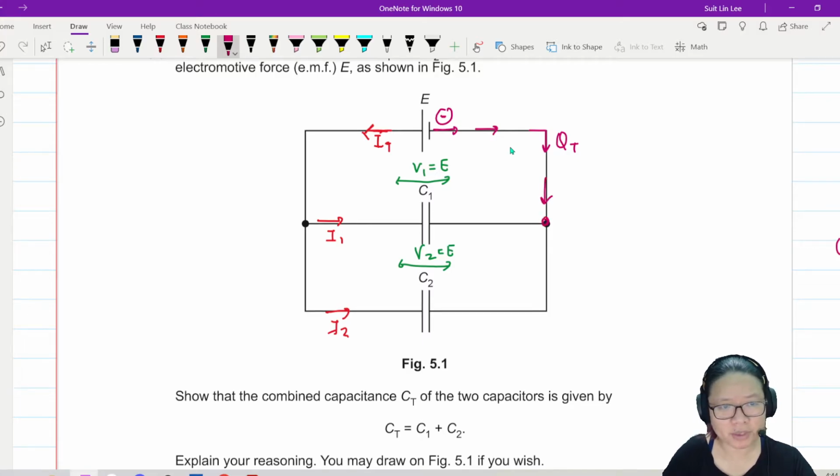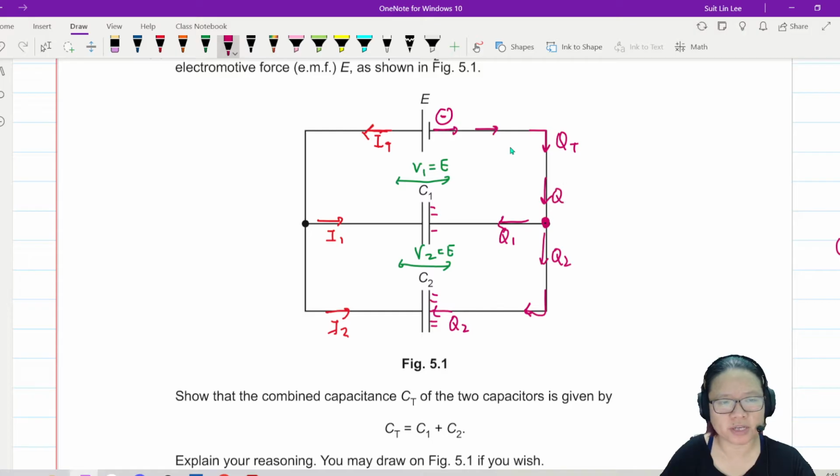Okay, and then when they reach this junction, some of it, Q1, will begin to populate C1. Some of it will continue, Q2, which will then begin to populate C2. So this part here is Q2.